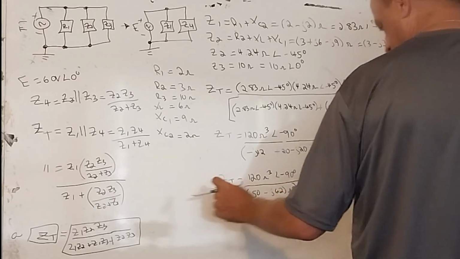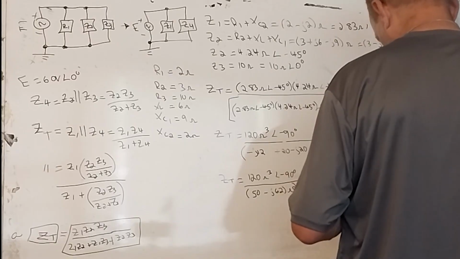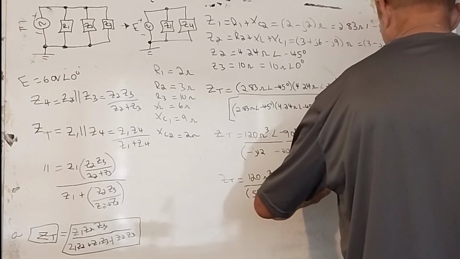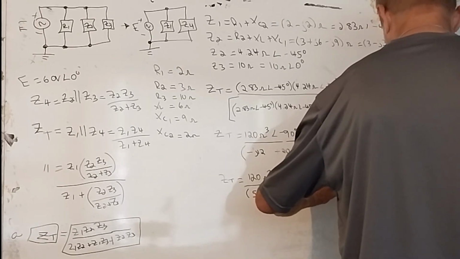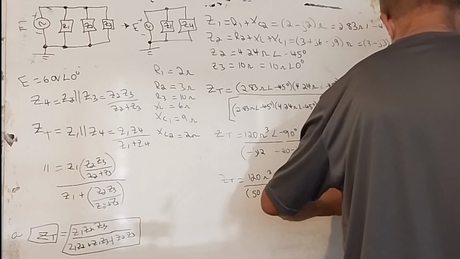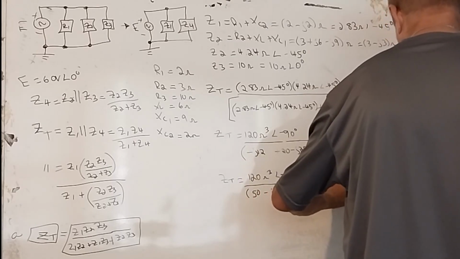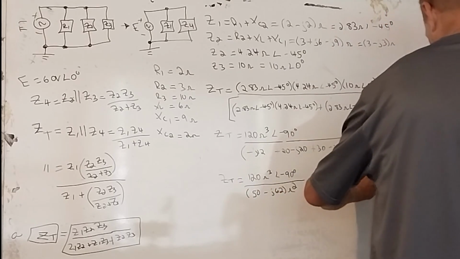So then rewrite this, but this here is going to be a new value, and I already did the math here: 79.6 ohms at an angle of negative 51.1 degrees. We do the math here.